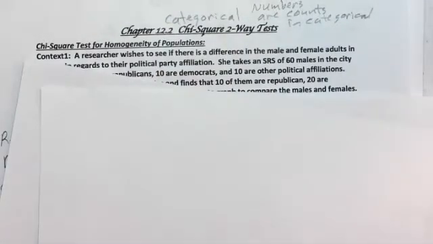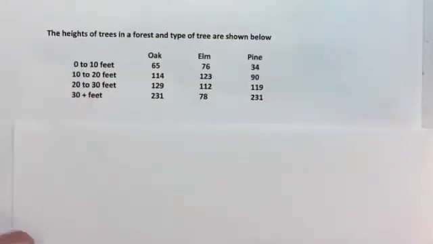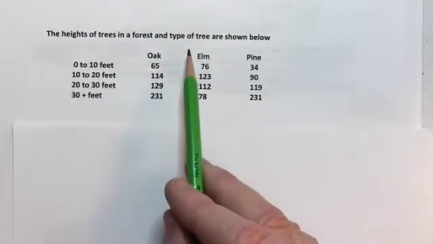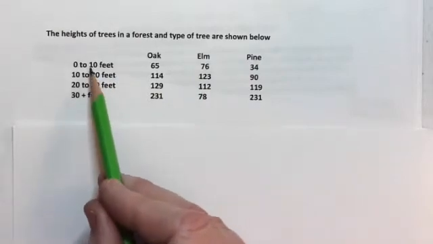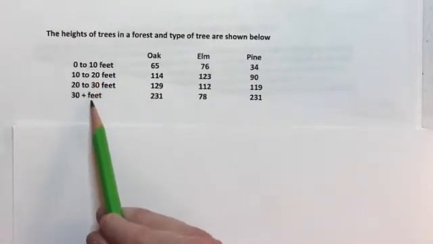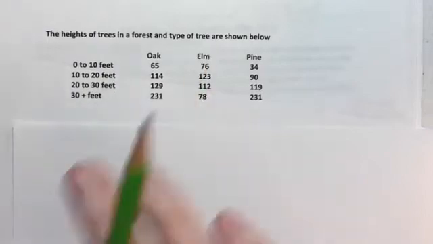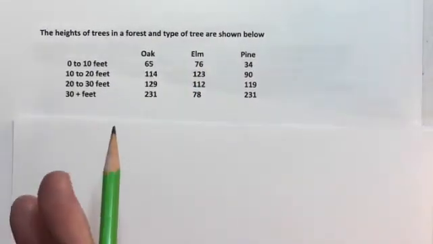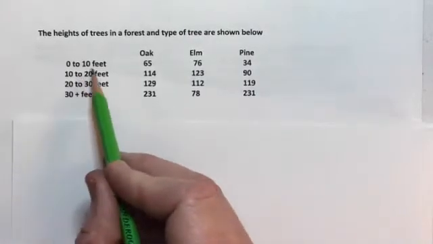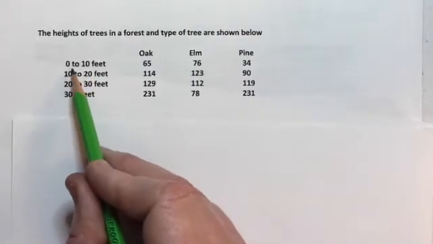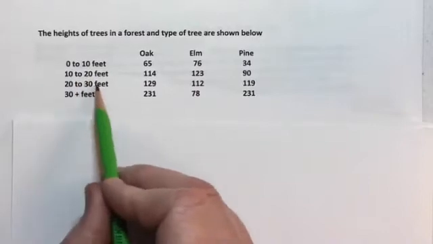All right, here's a tricky one, but you can handle it. The heights of trees in a forest and the type of tree are shown below. So it lists the heights of the trees categorically. Now, height of tree in general, most of the time you think of quantitative, where every tree's got a different number. But any quantitative data set can be listed categorically by putting it in intervals like this.